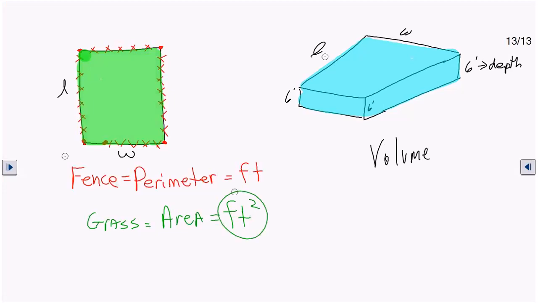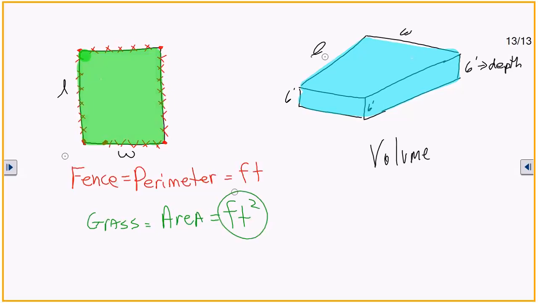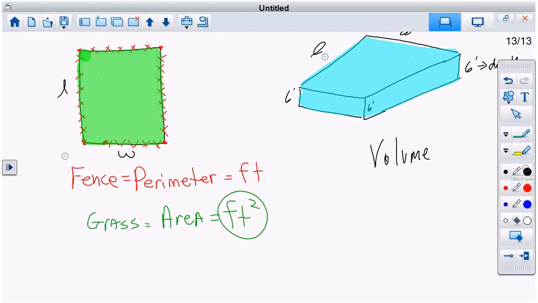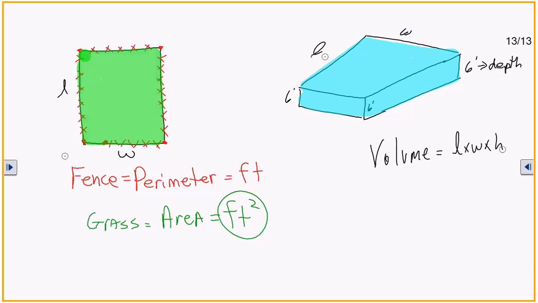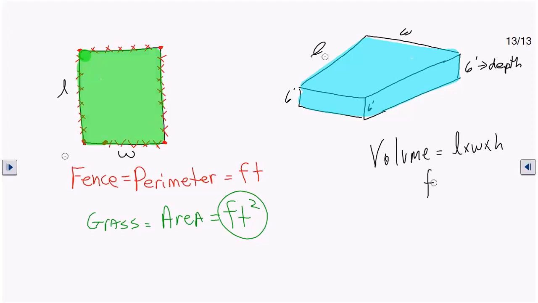That's going to be your label for area. Your label for perimeter is just feet or meters or whatever you measure. Volume has 3 dimensions, length times width times height, or in this case, depth. So it's going to be cubic feet.